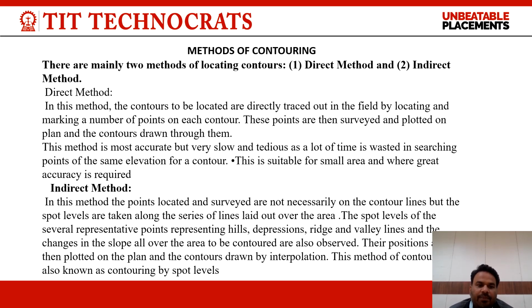The spot levels of several representative points representing hills, depressions, ridge and valley lines, and the changes in the slope all over the area to be contoured are also observed. Their positions are then plotted on the plan and contours drawn by interpolation. This method of contouring is known as contouring by spot level.